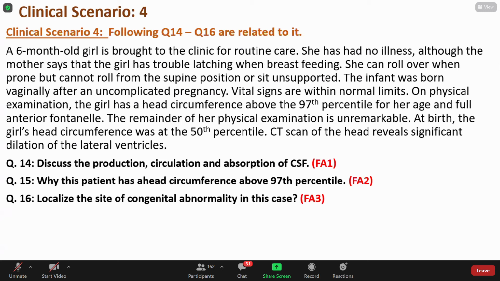So it would be produced in the lateral, third, as well as in the fourth ventricle. It is more in the lateral ventricle because it's bigger, but there is choroid plexus in all of them. So it is produced in the ventricles. That would be a safe statement.